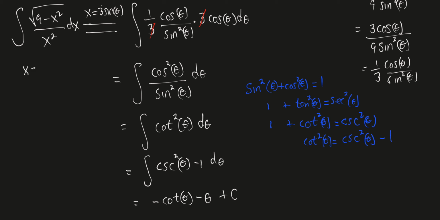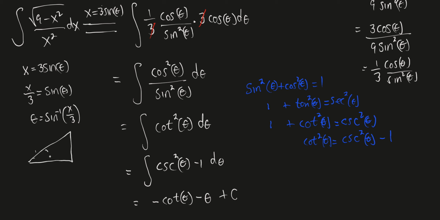If x is equal to 3 sine theta, then x over 3 is the sine of theta. And there are two big things we can get out of this. Theta is arc sine of x over 3. And then we can also draw a triangle that shows this relationship.